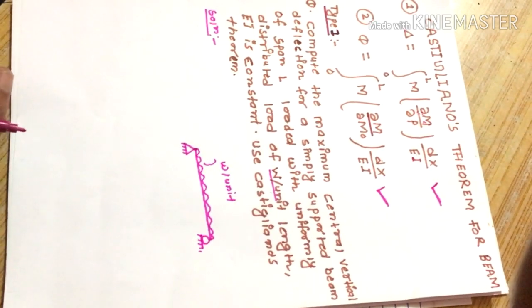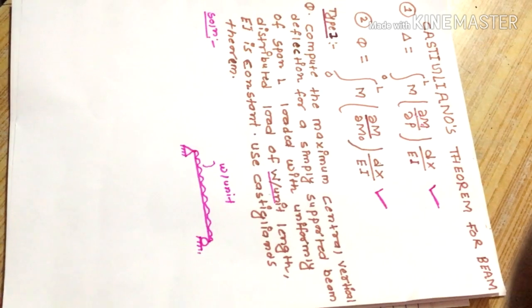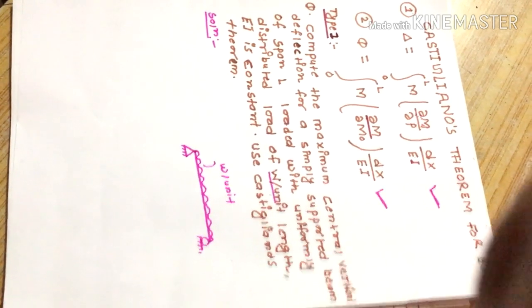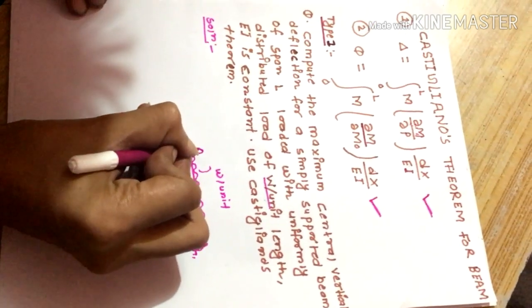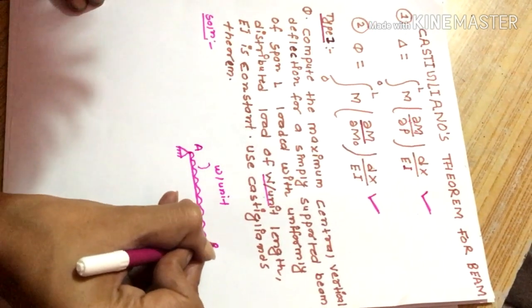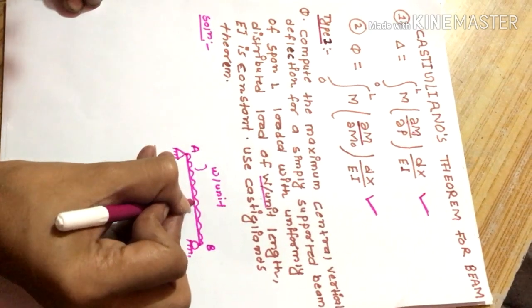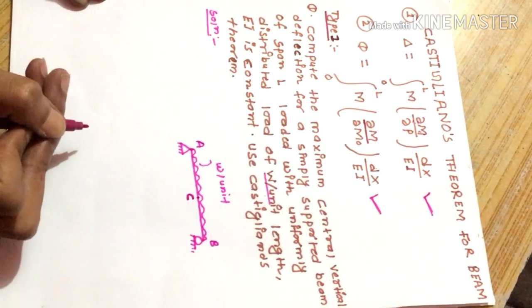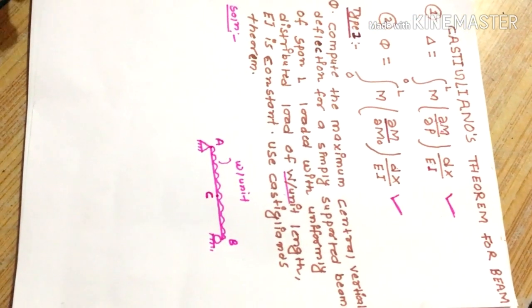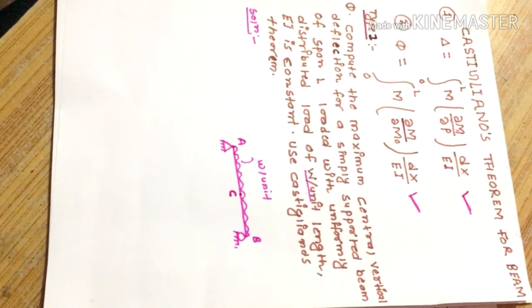Next, we have to calculate the maximum central deflection. Let this point be A and this point B, and let C be the middle point, where we have to calculate the maximum vertical deflection.